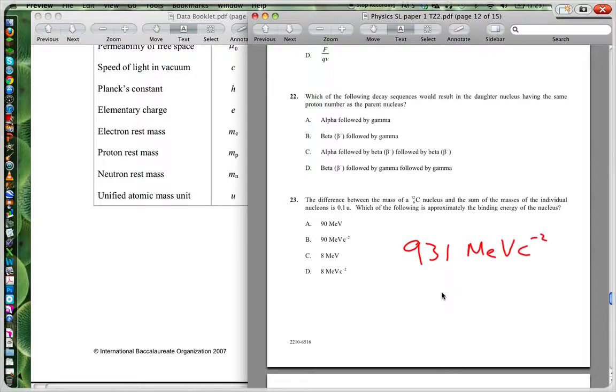Now, this comes from the formula E equals mc squared. So when I put it in, this c squared cancels with that. So your energy of 1 U is actually 931 MeV. So 0.1 would therefore be about 93.1 MeV. And so it would be this one over here. Okay.